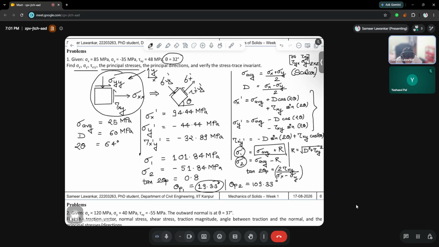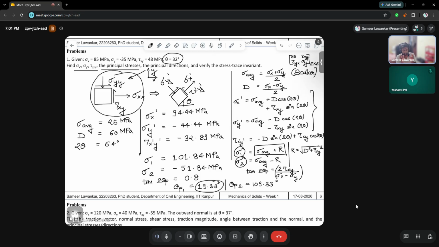Sigma 2 you got in compressive direction as minus 51.84 MPa. Tau x dash y dash you got as 0. When you rotated more till 109.33 degrees, again you got sigma x dash, sigma y dash as 101.84 and minus 51.84, and tau x dash y dash to be 0. This is the basic meaning of principal stress.